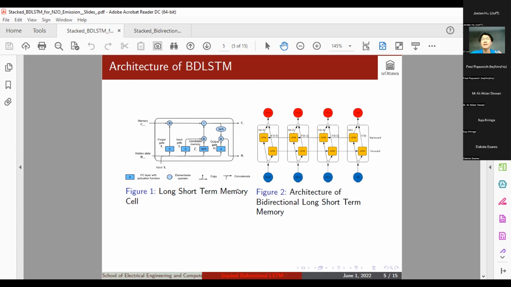And we combine these cells. We combine these pairs, and then we form a bidirectional long short-term memory, which can process the data forward and the data backwards. So we can have bidirectional information. This is the architecture of the bidirectional long short-term memory.